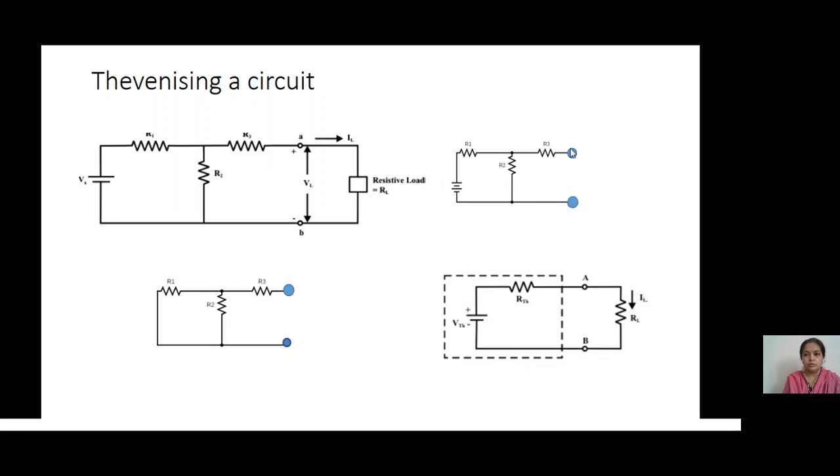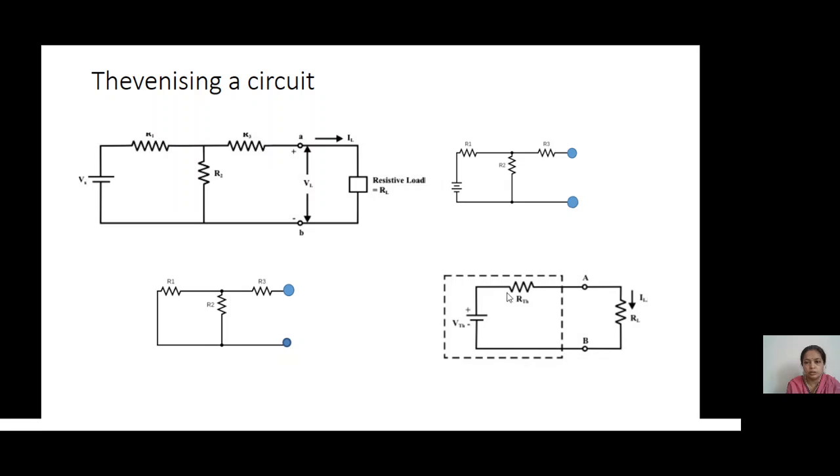In this circuit, measure the Thevenin's voltage. As we have open circuited, it is easy to measure the Thevenin's voltage now. Next step is to remove the load, remove the source, and look back at the circuit from the open end and find the total resistance.